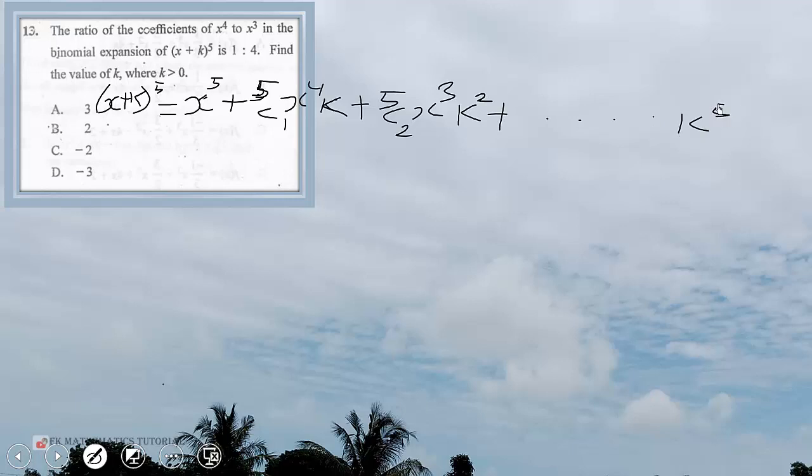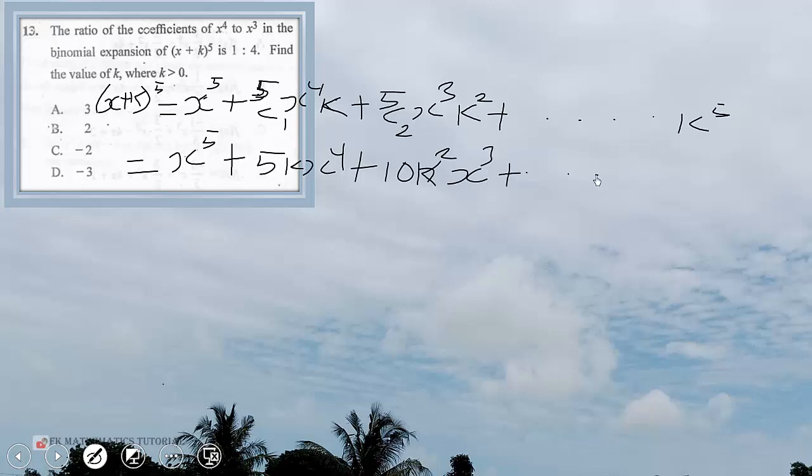So this will give us x exponent 5, 5 combination 1 is 5k x exponent 4, 5 combination 2 is 10 k squared x exponent 3. Then we stop there because we are interested in the terms in x exponent 4 and x exponent 3.